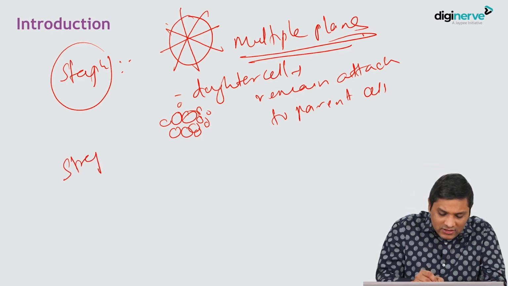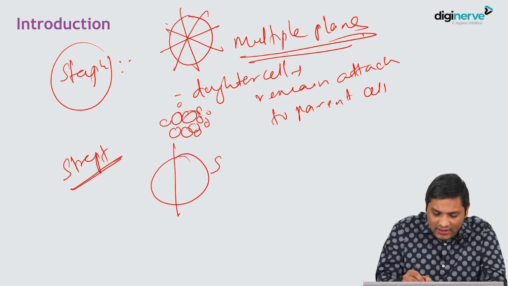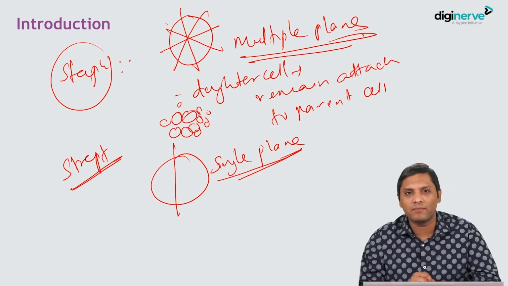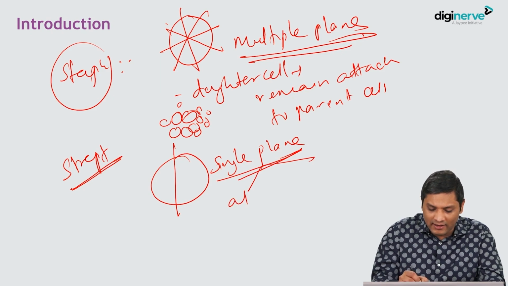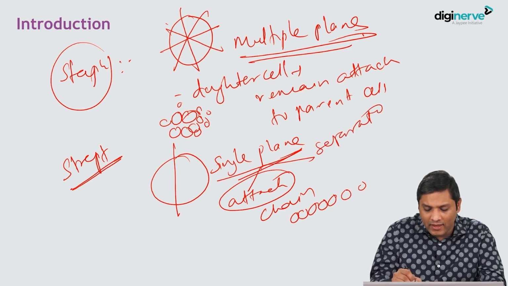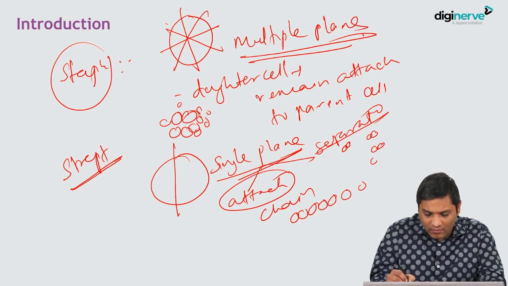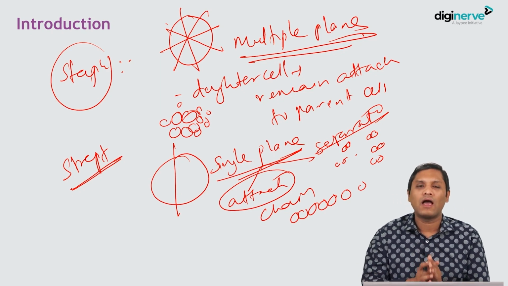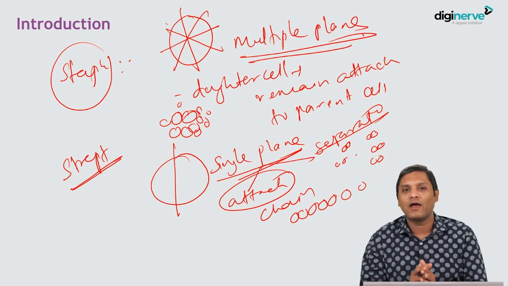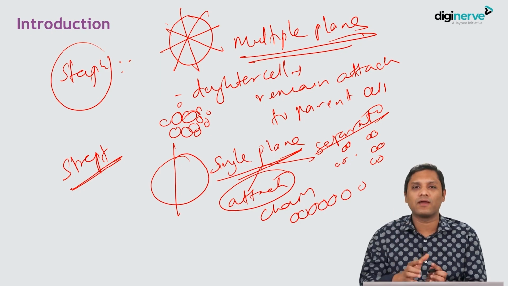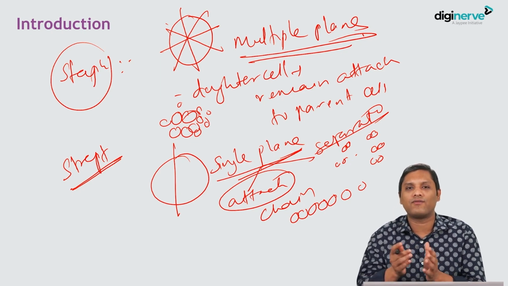In comparison, in Streptococcus, the cell division occurs in a single plane, and if the daughter cells remain attached to each other, they form a chain. If they get separated, they form a pair. So this explains why Staphylococci are in clusters, because the cell division occurs in multiple planes, and why Streptococci are in chains or pairs, because the cell division occurs in a single plane.